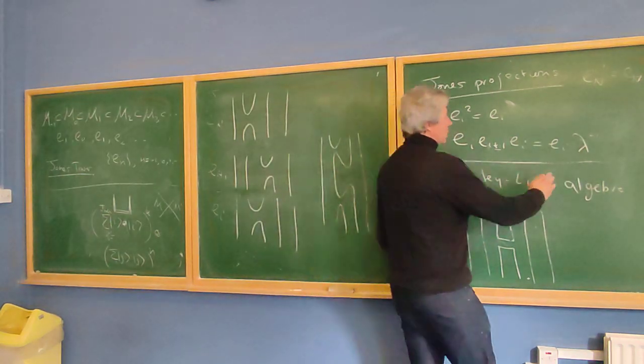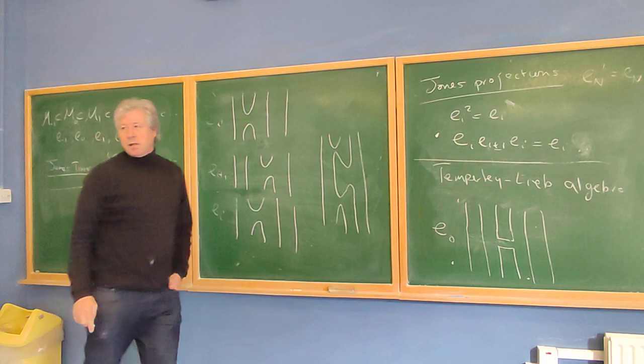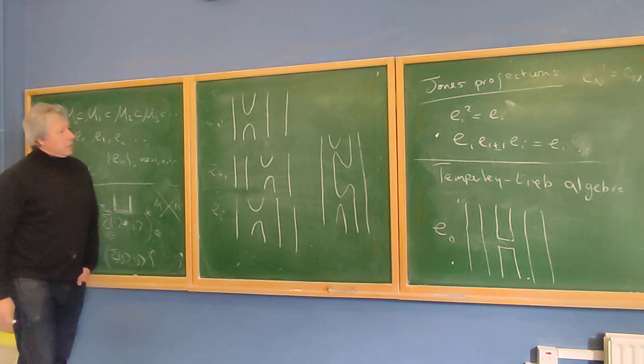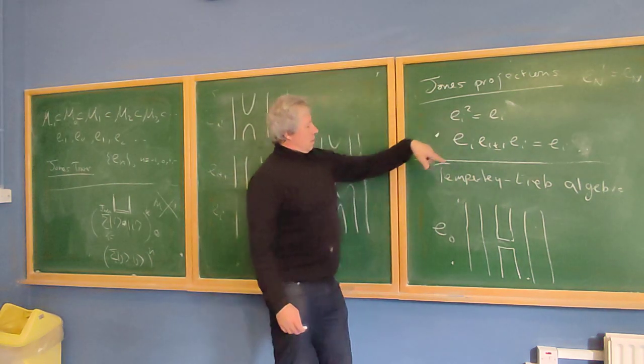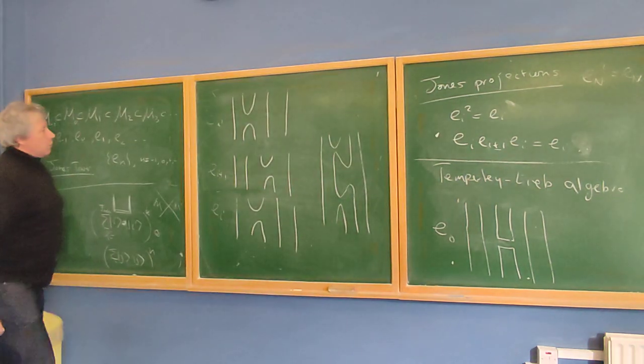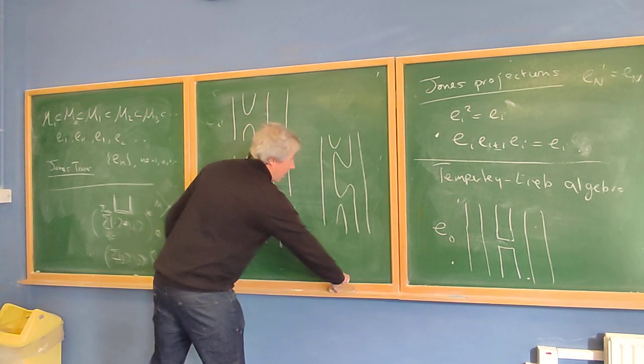What I've shown you now is this one. The relation that I also wanted to check is this one, which, if you draw it more naturally, actually has a factor in it.